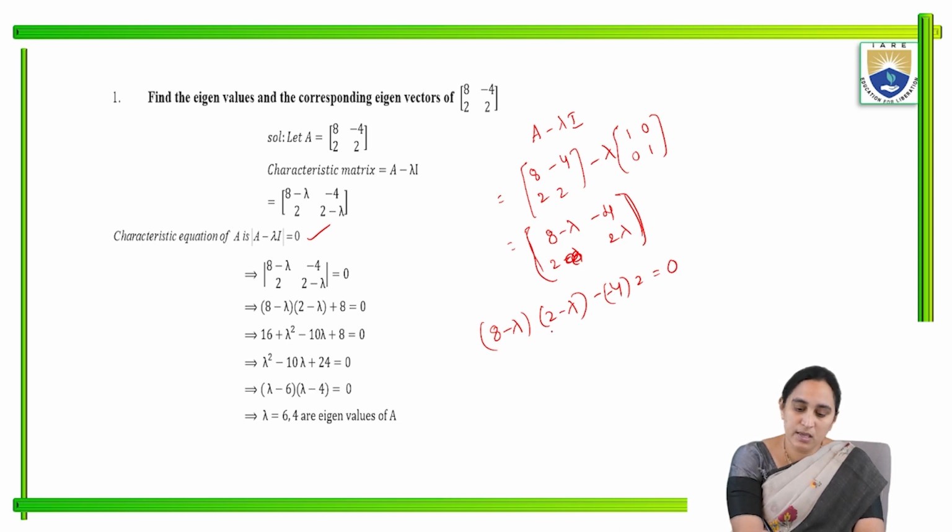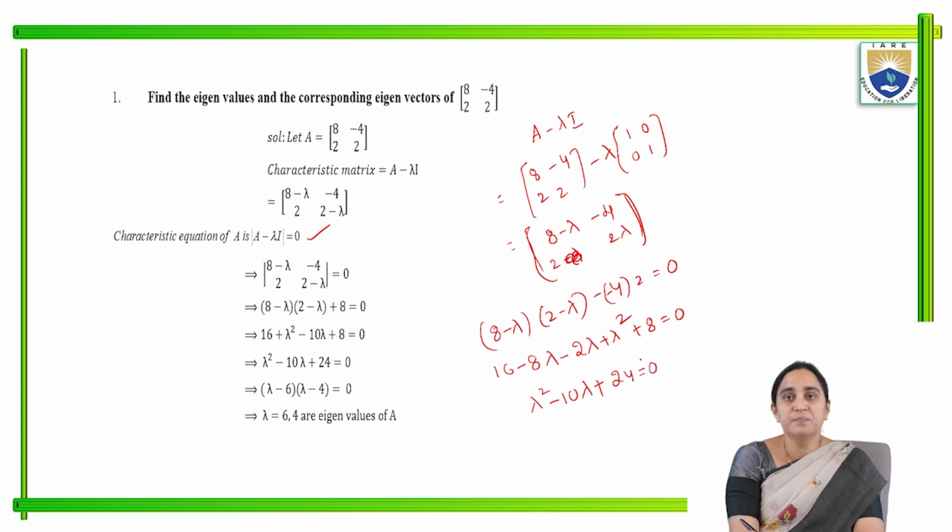Here 8 into 2 is 16, minus 8 lambda, minus 2 lambda, plus lambda square, plus 8 is equal to 0. From that, lambda square minus 10 lambda plus 16 plus 8, that is 24, is equal to 0.